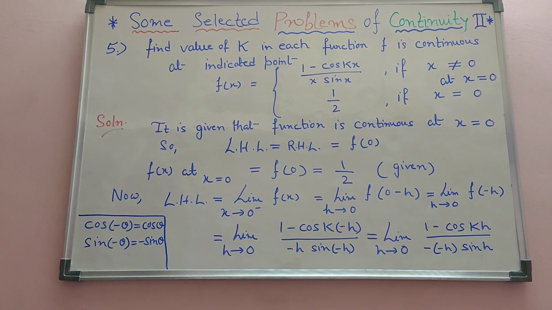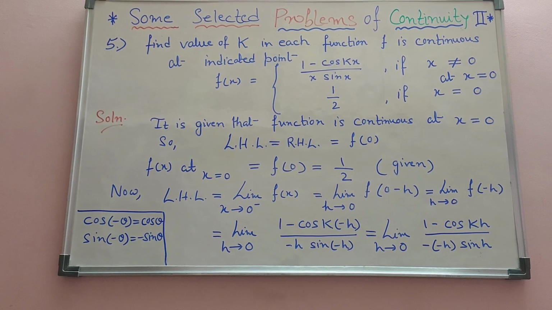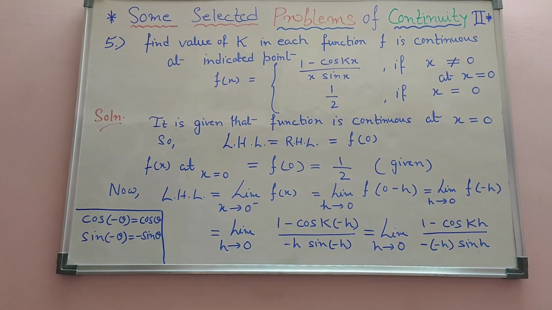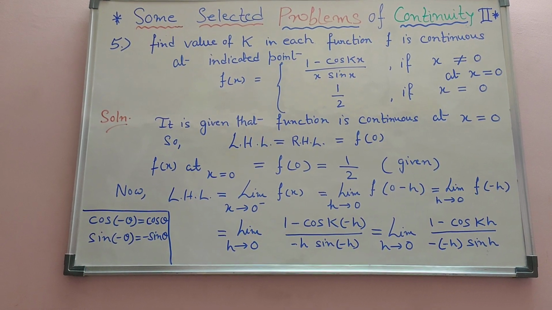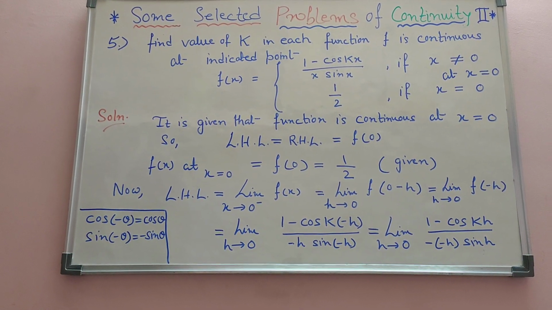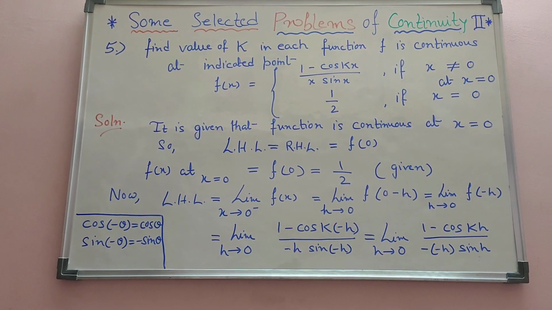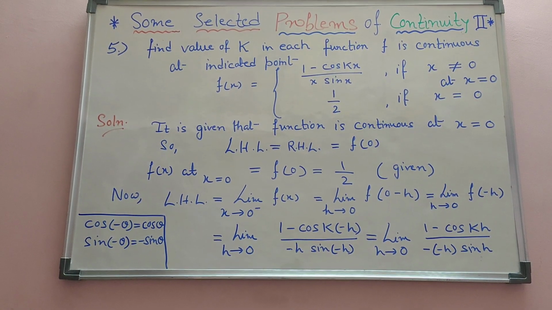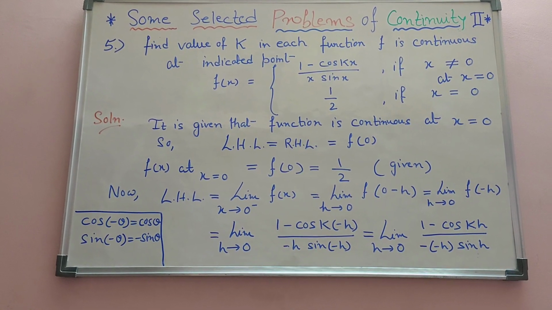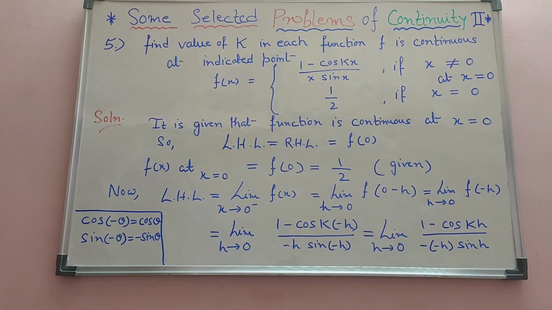So 1 minus cos k into minus h becomes 1 minus cos kh, because cos of minus theta equals cos theta, upon sine of minus h, which becomes minus sine h. Since minus h is already there, we put a minus sign in front: minus of minus h sine h. In the next step it becomes positive: minus of minus h becomes h.